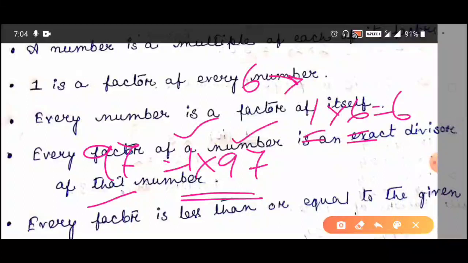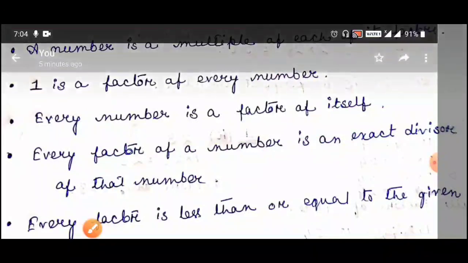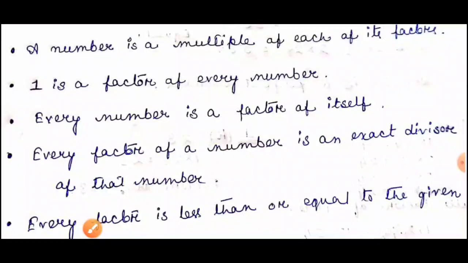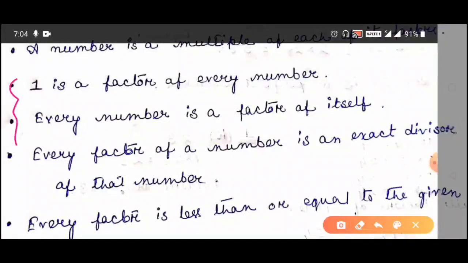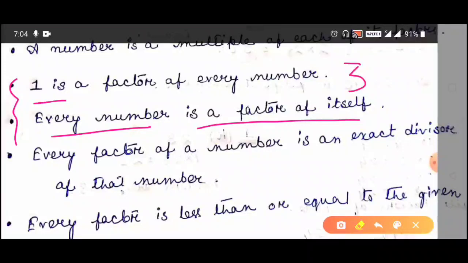So for every number, the number itself is a factor of that number. So these 2 points are very important: 1 is the factor of every number and every number is a factor of itself. Suppose we are talking about 5, then 5 is the factor of 5. 1 is the factor of 5.